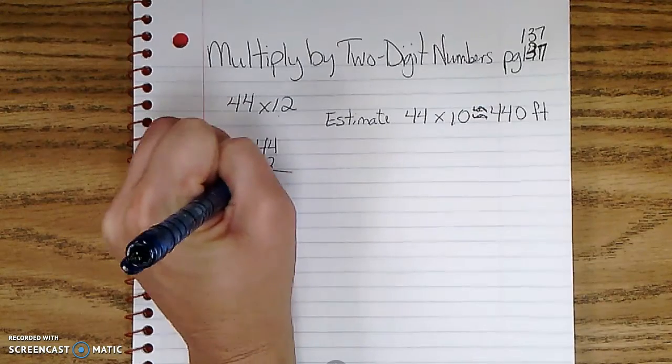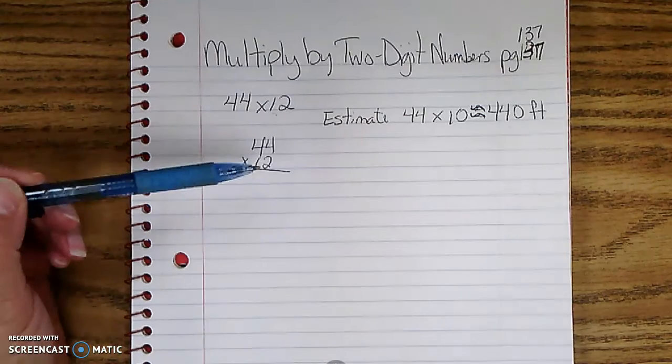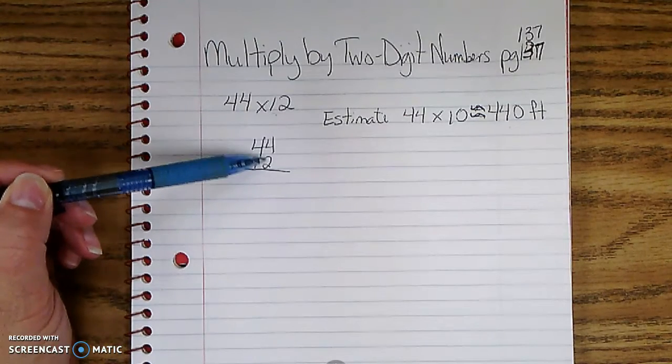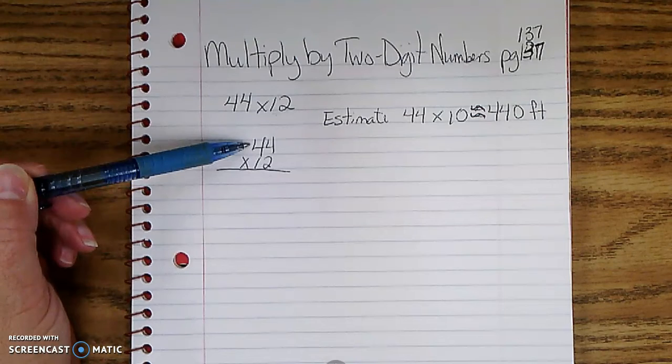So 44 times 12. Now, we've been working with area models, and working with those area models is to prepare you for what we're going to do in our standard algorithm. We are going to take this 2 in the ones place and we're going to multiply it times both digits in the top factor.